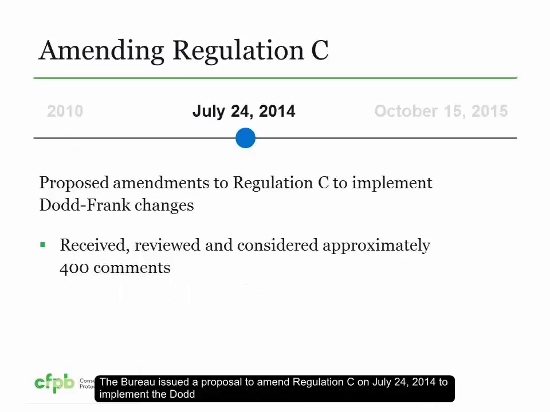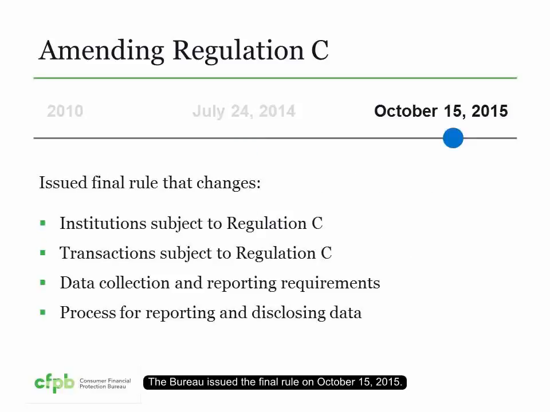The Bureau issued a proposal to amend Regulation C on July 24, 2014 to implement the Dodd-Frank Act amendments, require the collection, recording, and reporting of additional information to further HMDA's purposes, and modernize the manner in which institutions report HMDA data. The Bureau received approximately 400 comments and carefully reviewed and considered those comments. The Bureau issued the final rule on October 15, 2015.